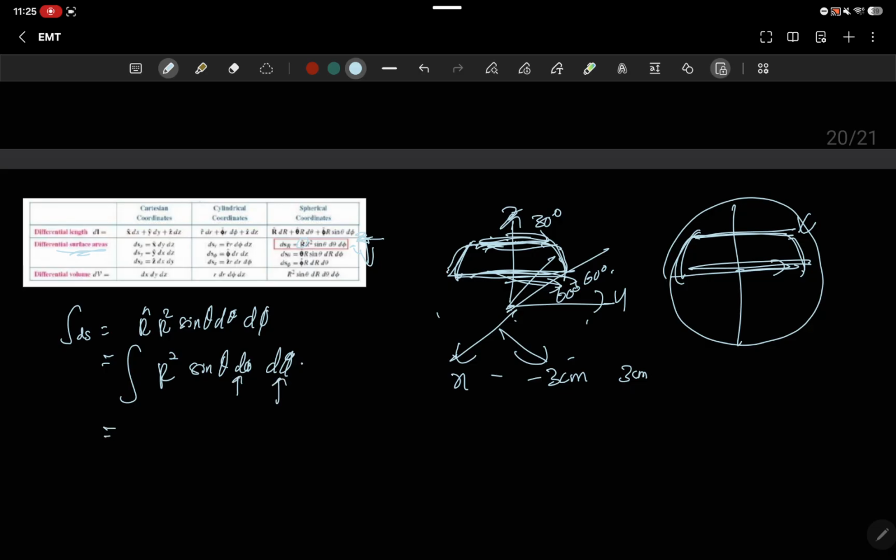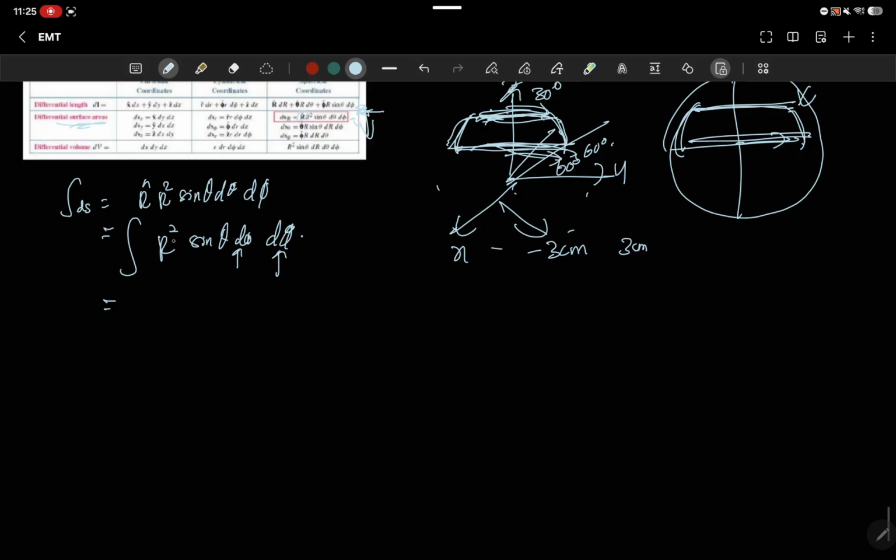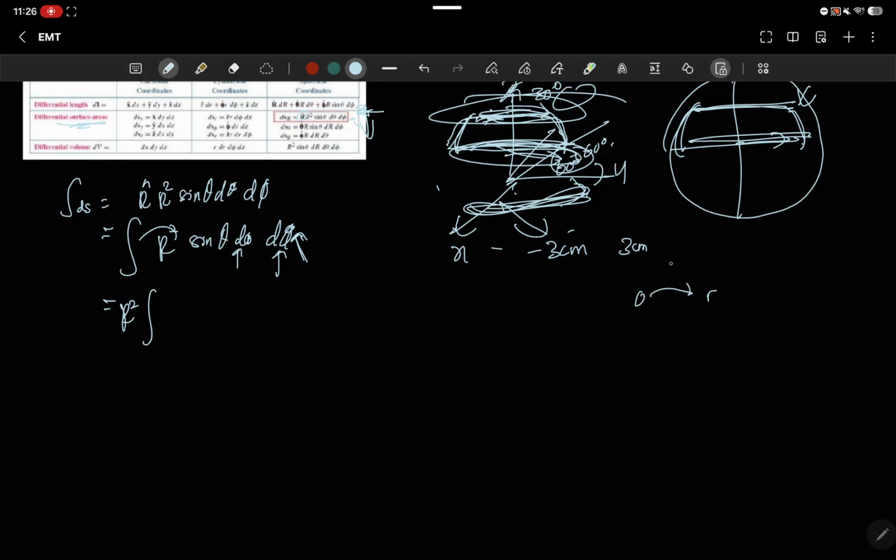Now we can remove this. So r squared, and our theta is between this and this, from 60 to 30. As said just now, to convert degrees to radians we use pi over 180. So 60 degrees is pi over 3 and 30 degrees is pi over 6.